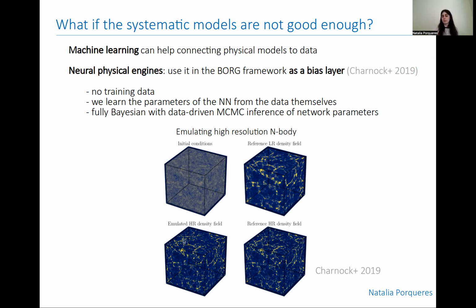And this is what they got. They were able to reproduce the higher resolution, or increase the resolution, of the density field by introducing a neural network as an additional layer in the forward model, and then directly inferring the parameters of the neural network from the observations. A generalization of this is what we would use if our bias model or the intrinsic alignment model was not sufficient.